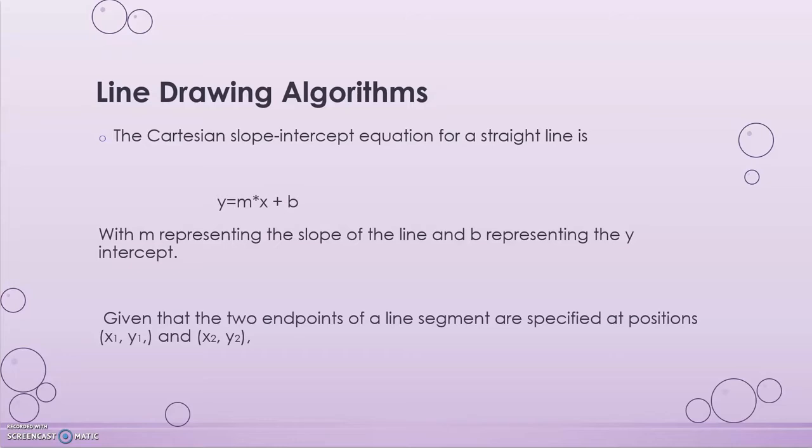Given that the two endpoints of a line segment are specified at positions (x1, y1) and (x2, y2). This is the y axis and this is the x axis. We have x1 and x2 on the x axis and y1 and y2 on the y axis. The figure shows the line path between endpoint positions (x1, y1) and (x2, y2).